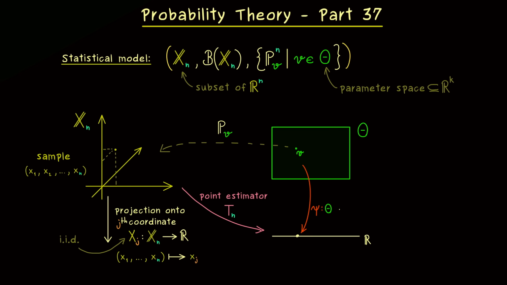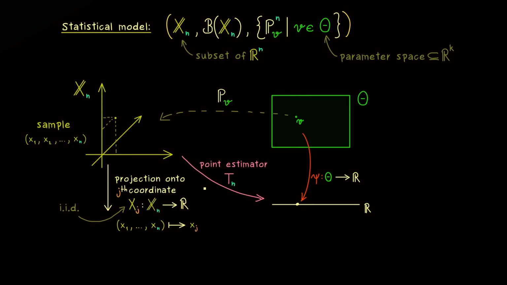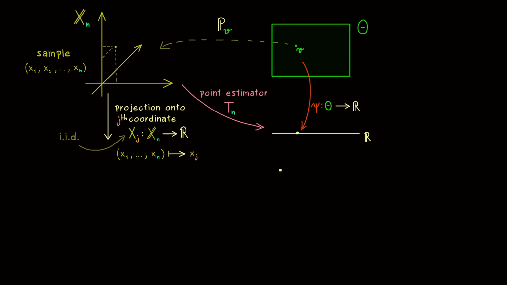In that case, we can just consider different maps psi that map the parameter space theta to the real number line R. Indeed, this part here is the only difference to the picture of the last videos, but it means that we also have to redefine the meaning of an unbiased point estimator.